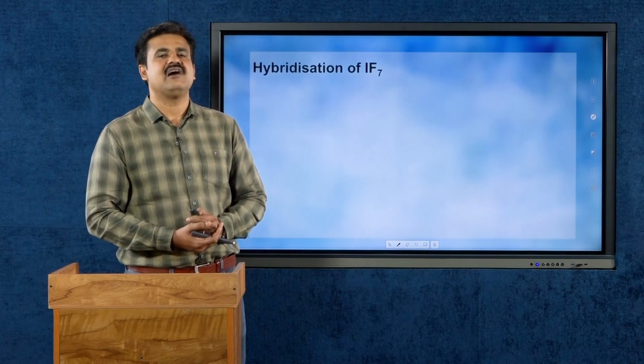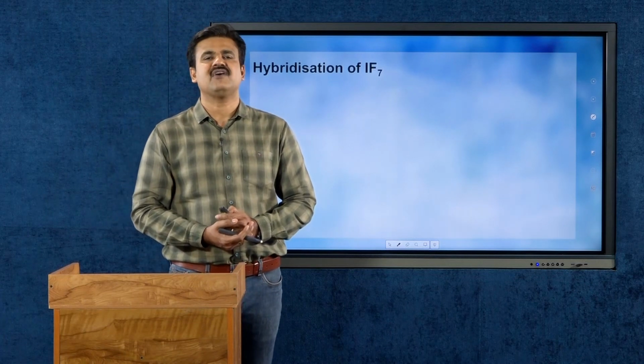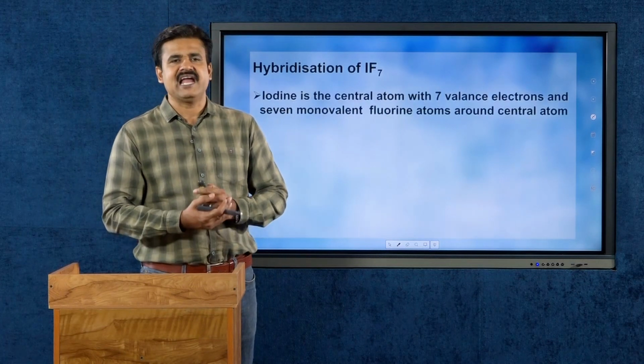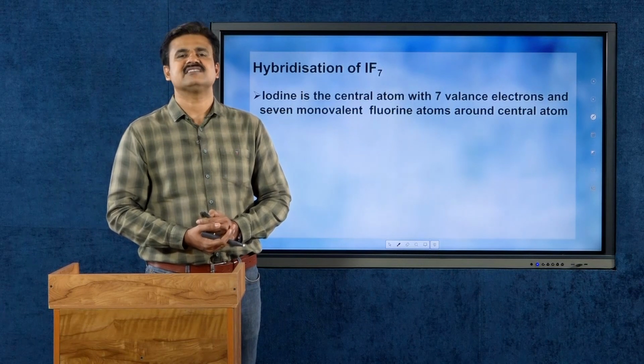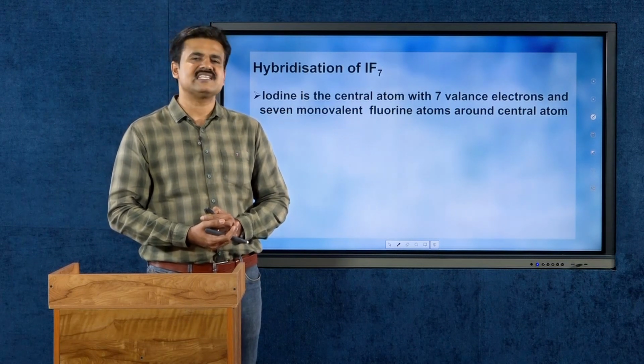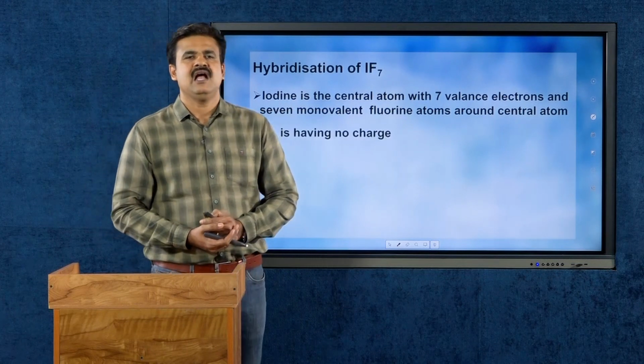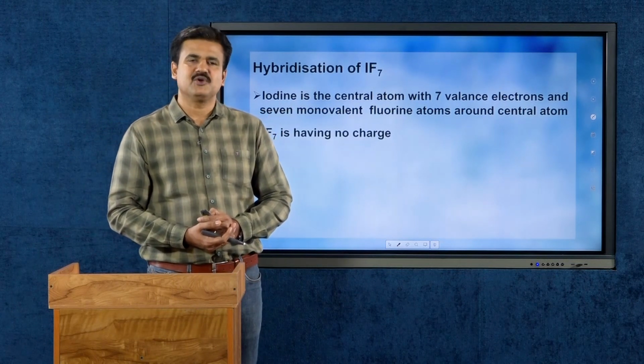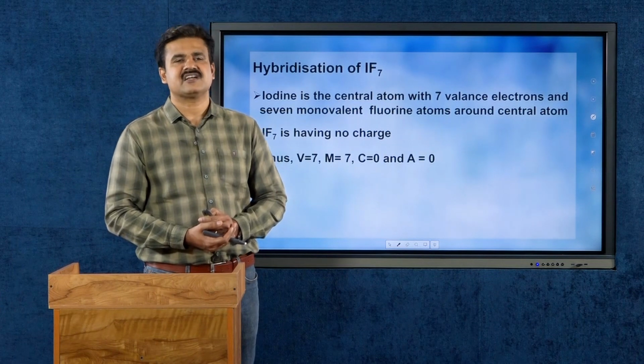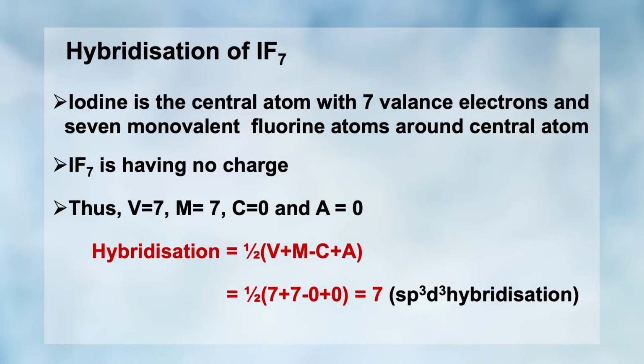First of all, we have to find out the hybridization of iodine heptafluoride. Iodine is the central atom here with 7 valence electrons, and you can see the presence of 7 monovalent fluorine atoms around the central atom iodine. And IF7 has no charge. From this we conclude that V is equal to 7, the number of valence electrons, the number of monovalent atoms is 7, cationic charge is 0, anionic charge is 0.